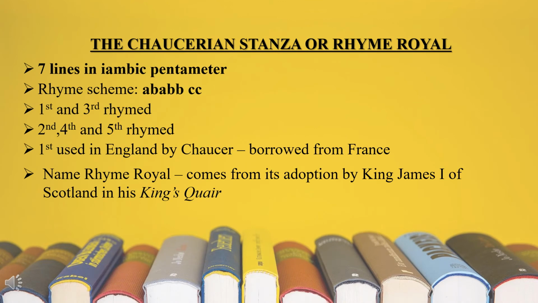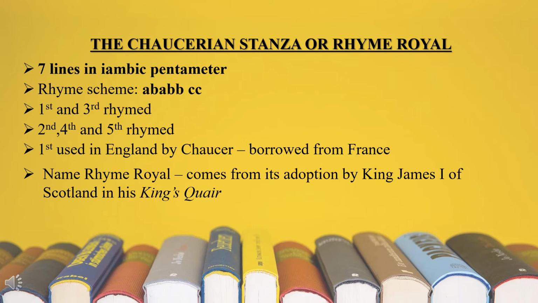Now, let's see the Chaucerian stanza or rhyme royal. Chaucerian stanza is a stanza of 7 lines in iambic pentameter, and the rhyme scheme is AB, ABB, CC. Here, the first and the third are rhymed, and then second, fourth, and fifth rhymed.